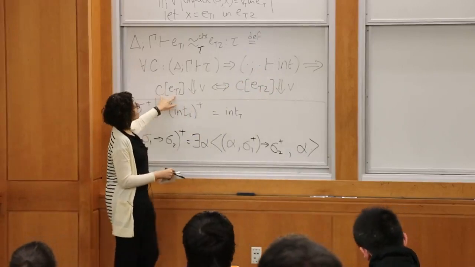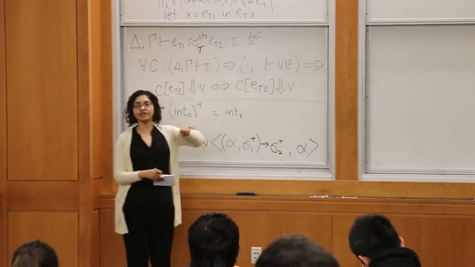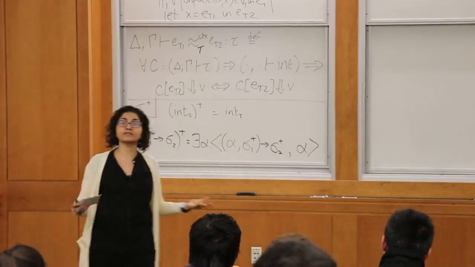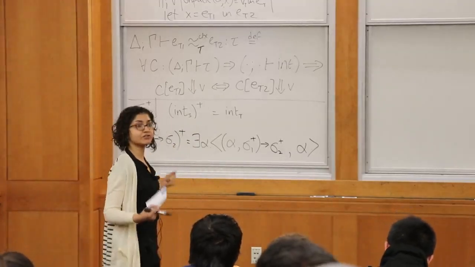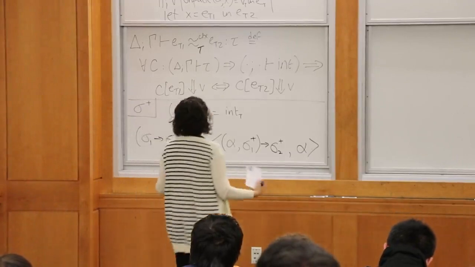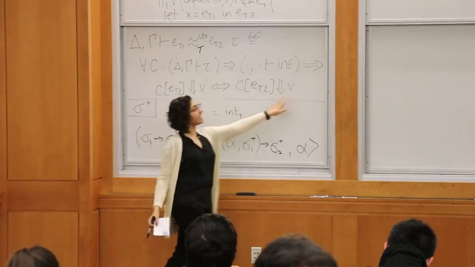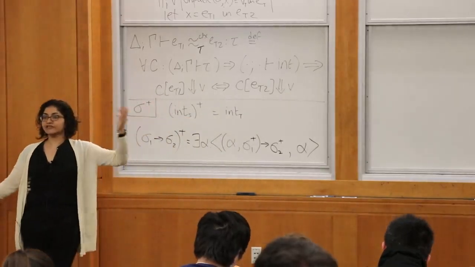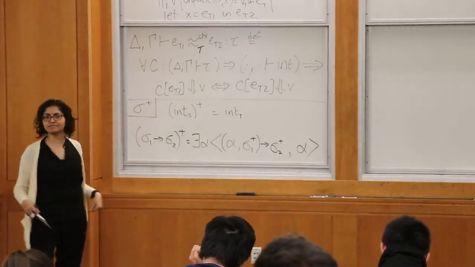Then if we plug that context with ET1 or ET2, in both cases we get exactly the same answer when we run the program. And this is a terminating language, so we have to actually look at the integer that comes out and make sure that both of them are returning exactly the same answer. All right, so that's contextual equivalence for the target. And for the source, it's the same thing except erase the deltas, right?